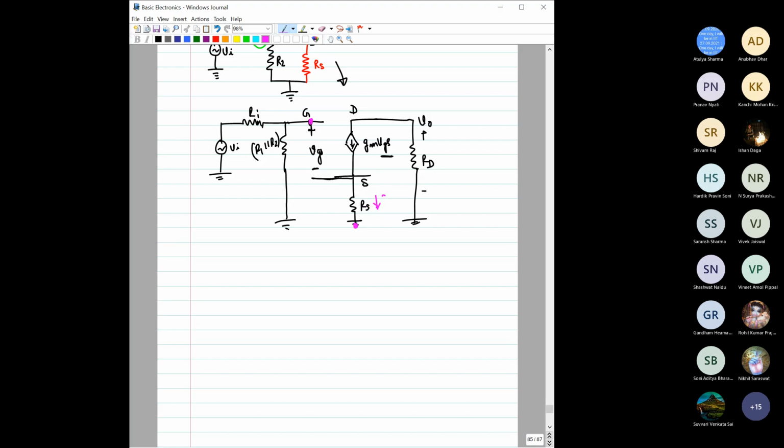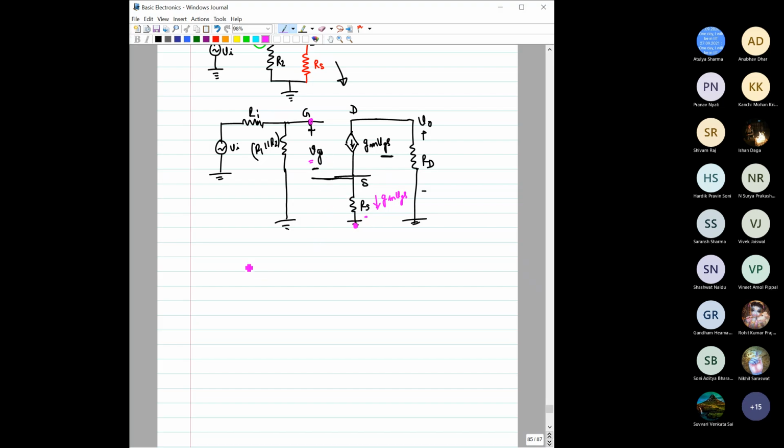And through RS, this amount of current, GM VGS, should flow. This current has to flow through RS only. Then the voltage drop between this and this would be equal to this plus the drop across this RS, right?